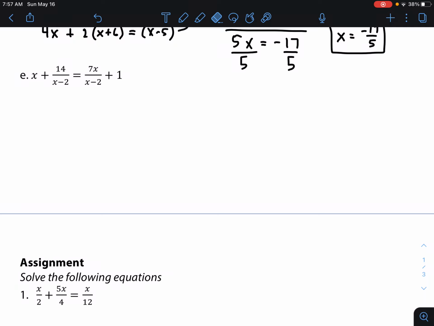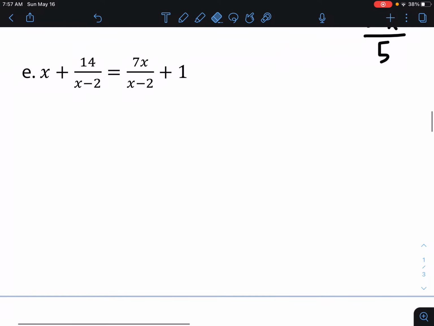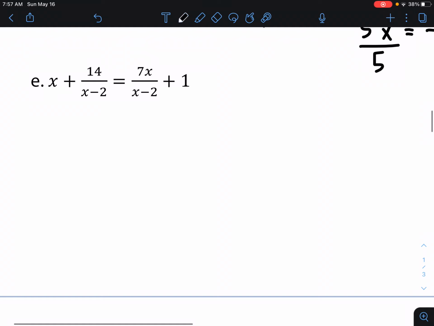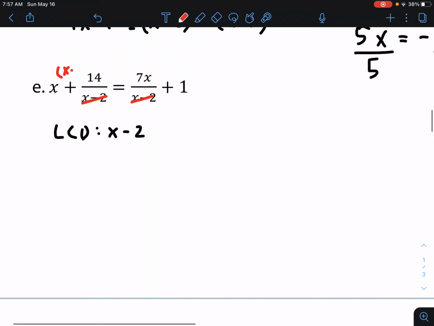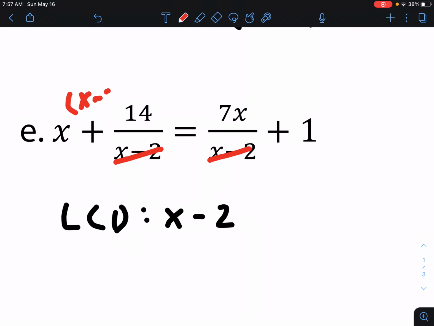And here we go. So in this case, it's hopefully fairly obvious what the LCD is. The LCD is going to be x minus 2. Okay, and just another way to think about these is, when I have my LCD as x minus 2, I know it's going to eliminate these, and then I have to multiply this by x minus 2, and this by x minus 2.